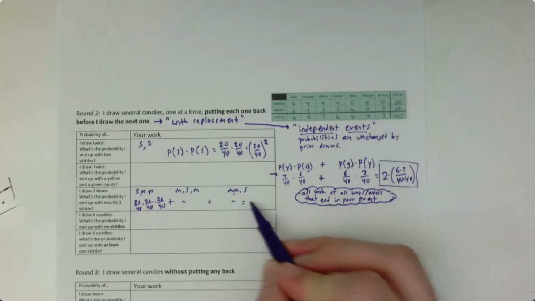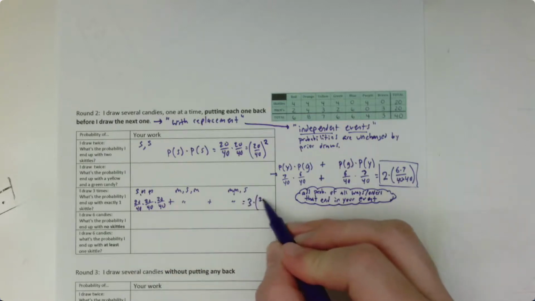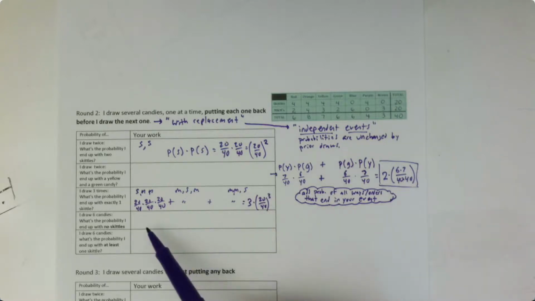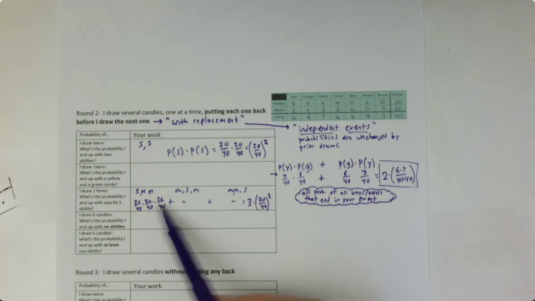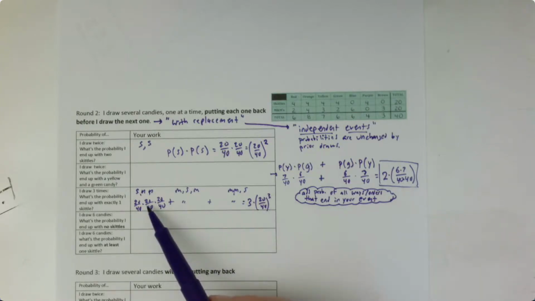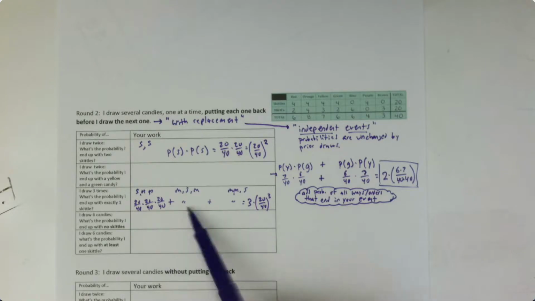So the final answer here is just 3 times that number, and that number is 20 over 40 to the third power, because I've multiplied it by itself 3 times, and so that's this 3, and then I've done that in 3 possible orderings that I've added together. So that's that 3. 3 times the 20 over 40 to the third.